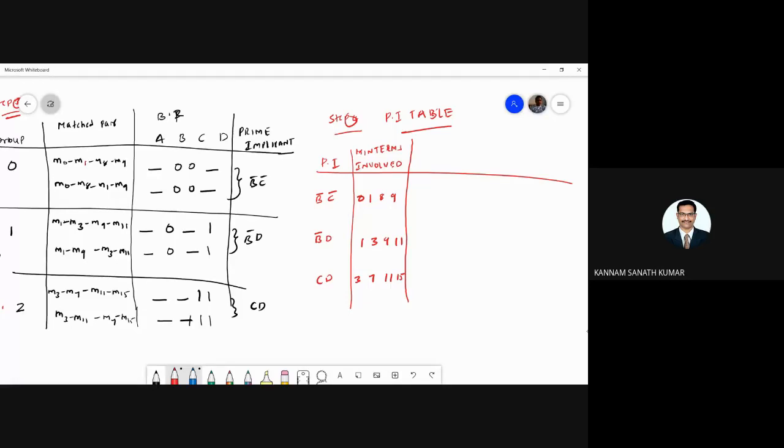Again you write the min terms. So what are the min terms in the problem I gave? Summation of m of 0 1 3 7 8 9 11 and 15. Okay, so now what I should do?